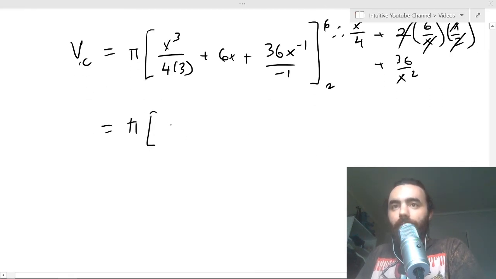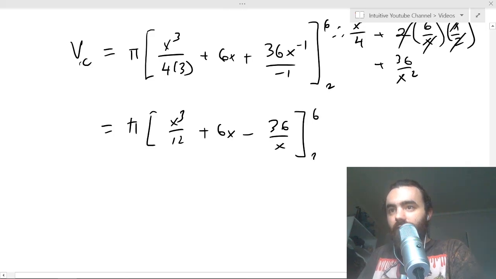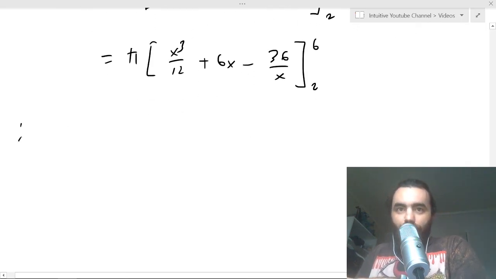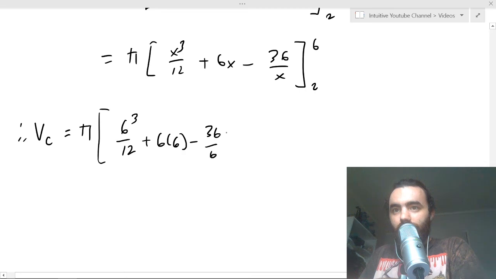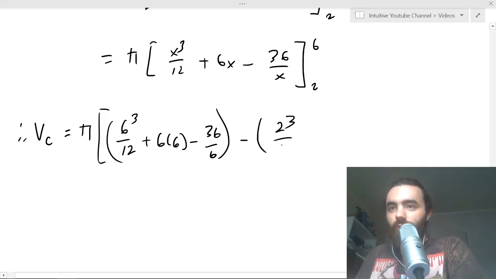And we can simplify that to get x cubed over 12 plus 6x minus 36 over x between 6 and 2. And therefore the volume under the curve is pi times 6 cubed over 12 plus 6 times 6 minus 36 over 6, minus 2 cubed over 12 plus 6 times 2 minus 36 over 2.